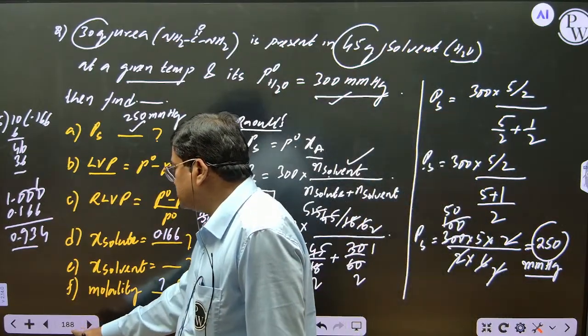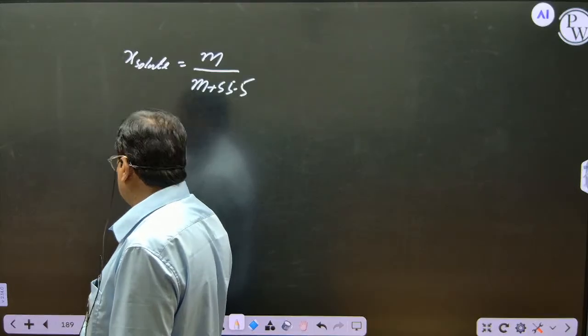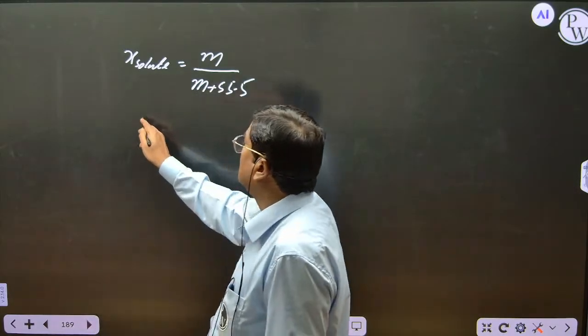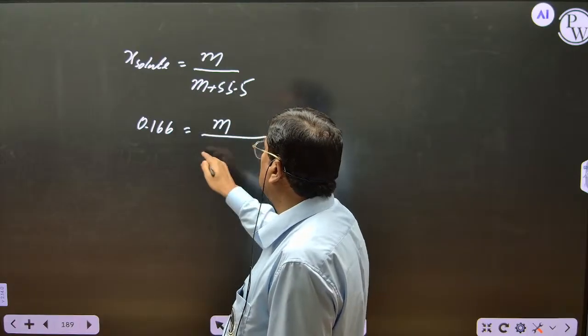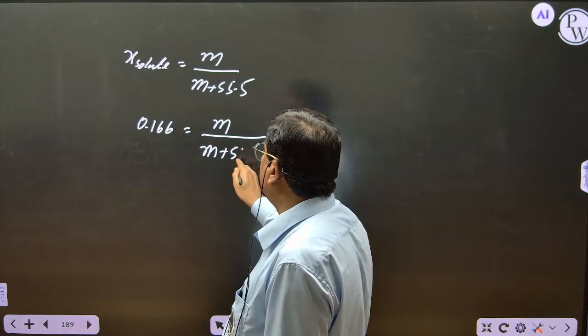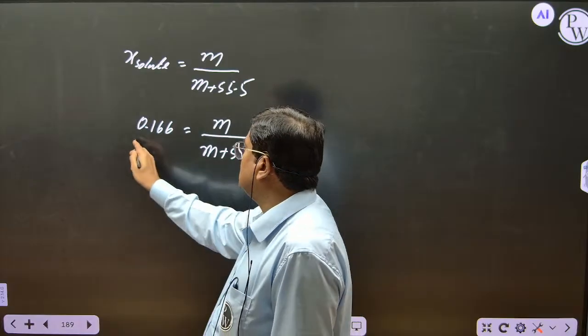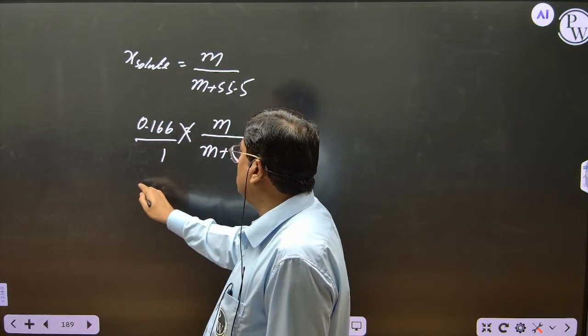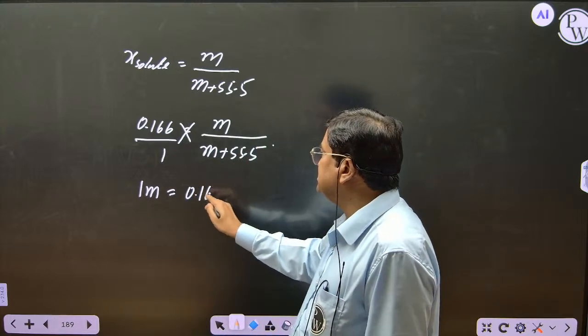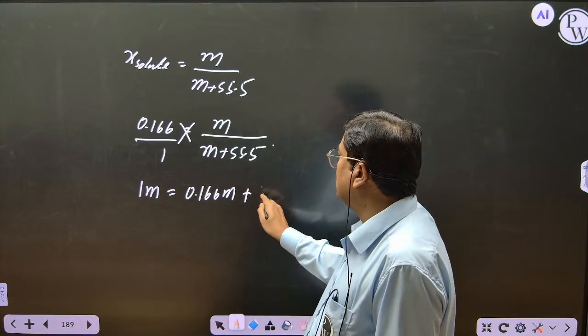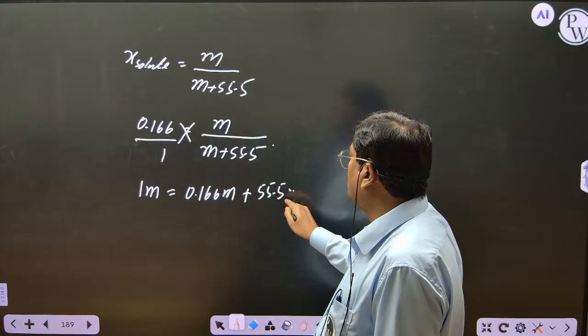So now substituting that, 0.166 is equal to molality by molality plus 55.5. This you can write by cross multiplying: 0.166 m plus 55.5 into 0.166 is equal to m.